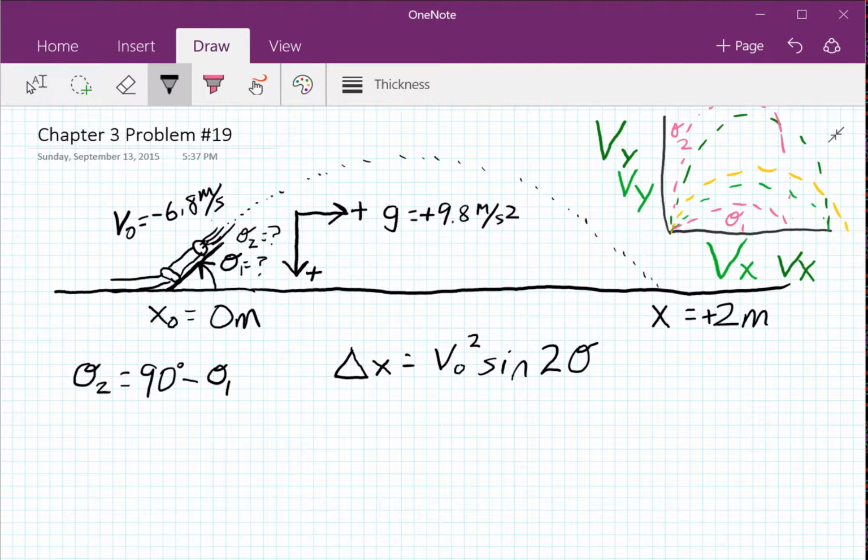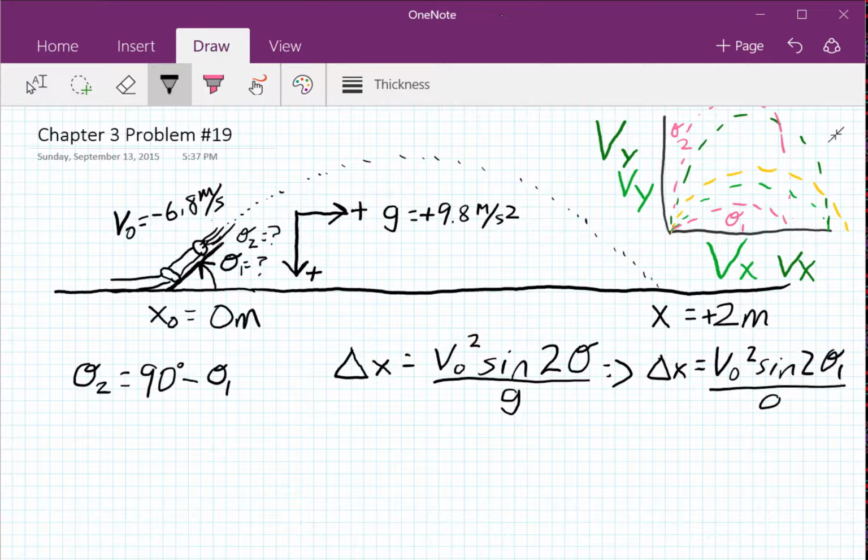Now this is going to be theta 1, but the equation is always theta over g. So let's go ahead and rewrite it for our specific problem. So the range equals v initial squared sine of 2 theta 1 over g.